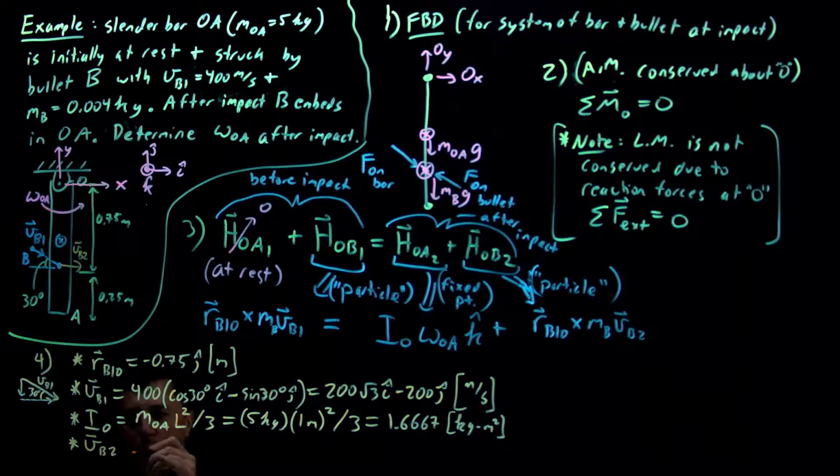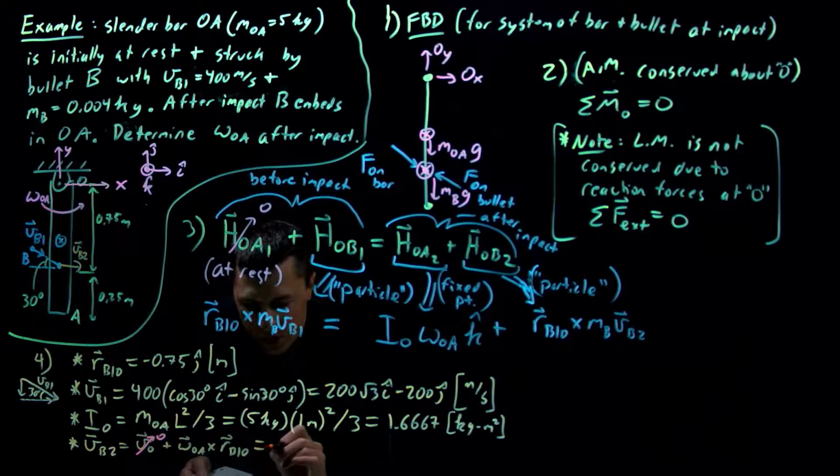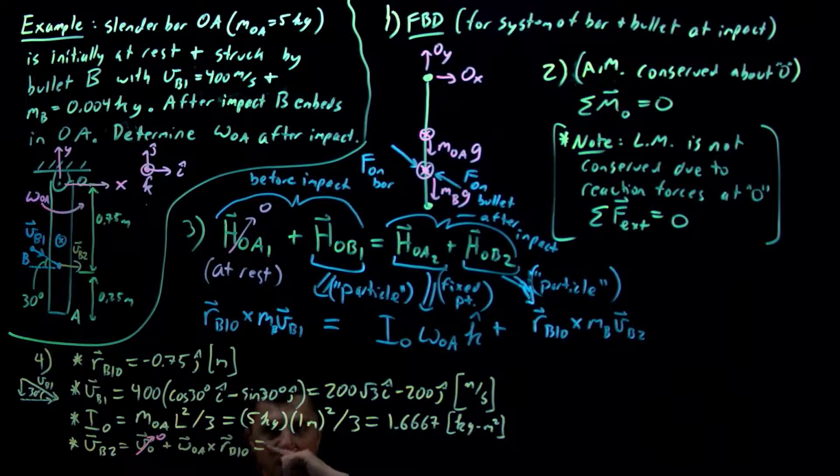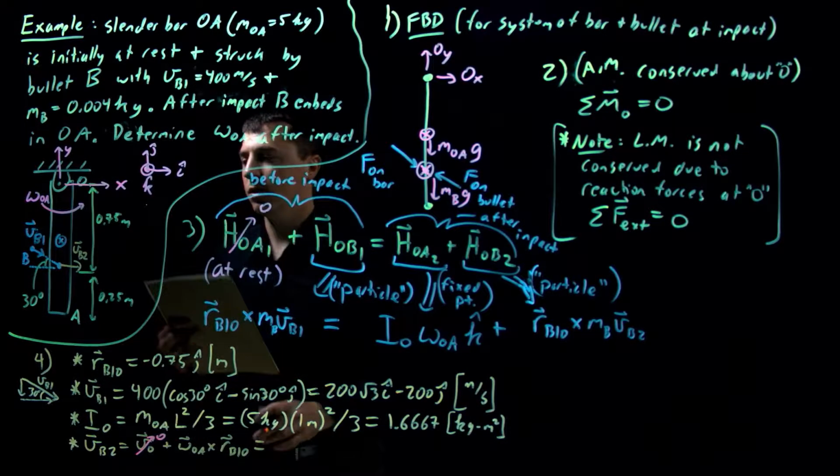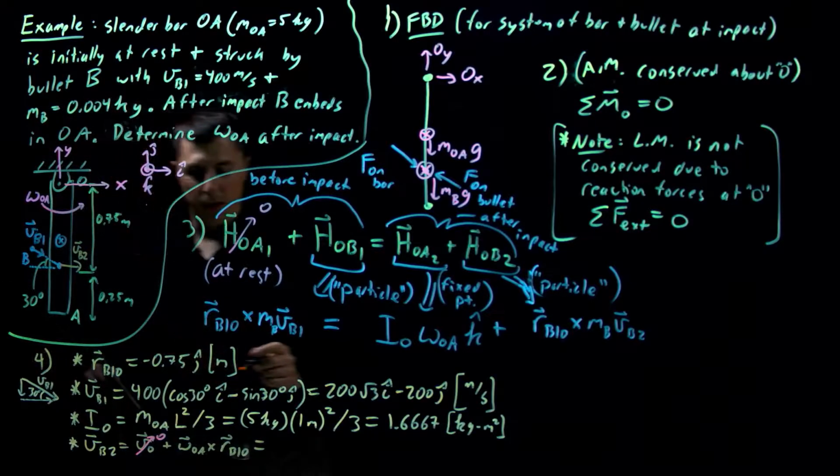And let's see. Well, we can relate it to point O because they are now attached to the same rigid body. V naught O plus omega OA crossed into that relative position vector to get to B from O. Okay? Well, O is pinned, so that is 0. And let's start calling this, yeah, we can just call it omega OA.